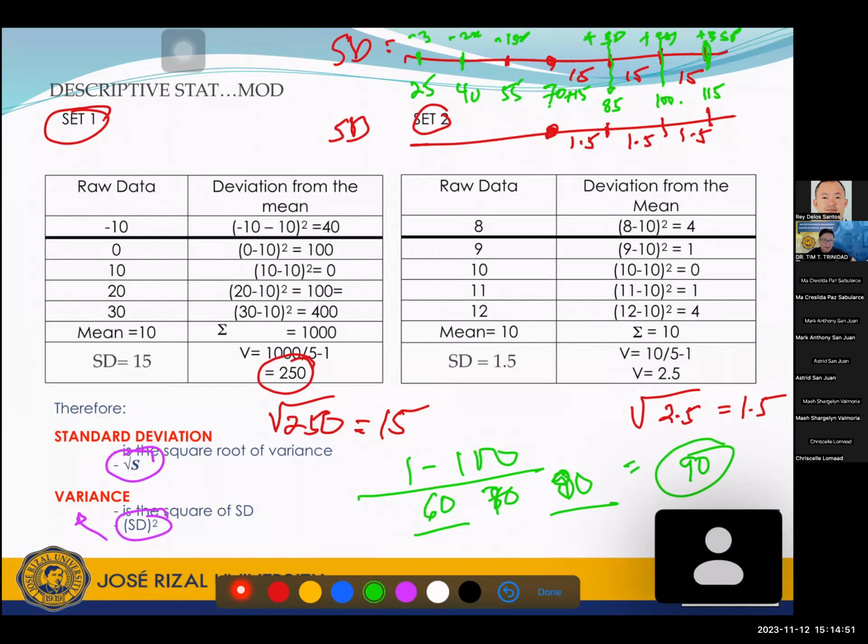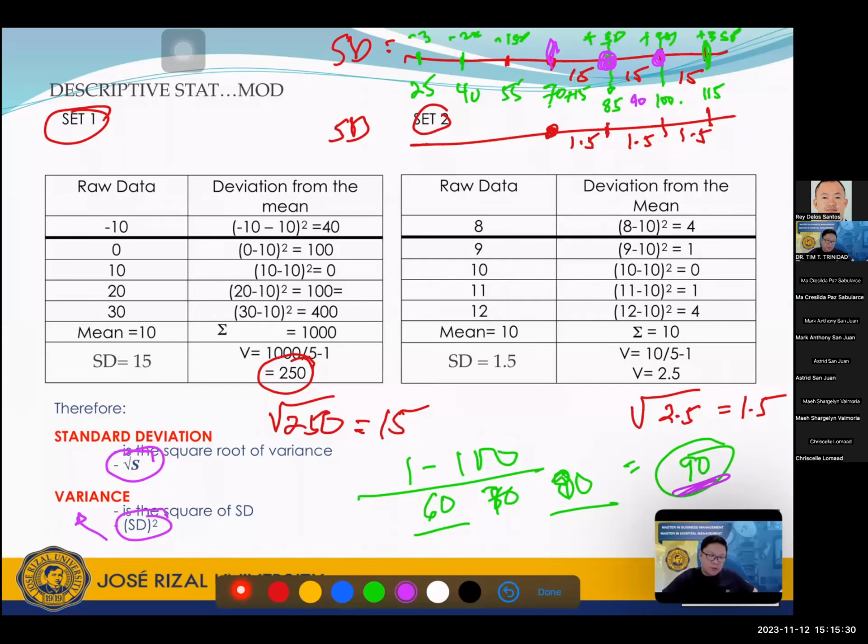You are somewhere between 1 standard deviation and 2 standard deviation. So 90 is somewhere here. So what you're going to report about your data with this particular set of data is that you are within 2 standard deviation from the mean. So you have a measurement. We now know that your score is within 2 standard deviation. This is how far you are from the mean.